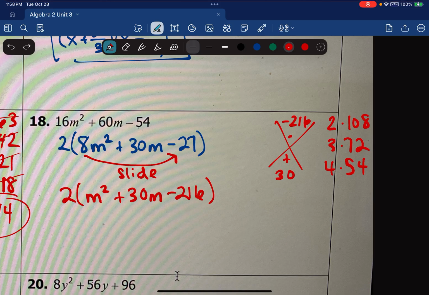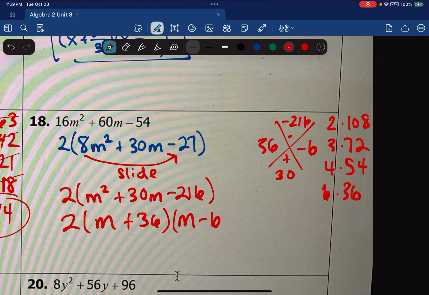One's going to have to be negative. Something when the two numbers subtract, I'm going to get 30 left over. 216 divided by 6. 6 and 36. Hey, 36 and a negative 6. When I subtract those, I get 30. So I'm going to have 2m plus 36 times m minus 6.